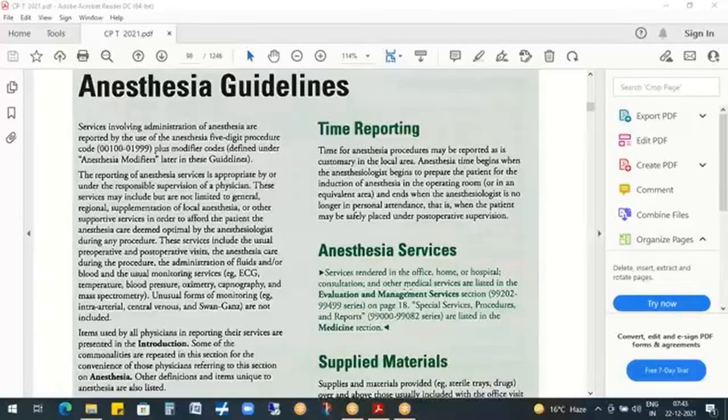How to code multiple procedures. Next one.